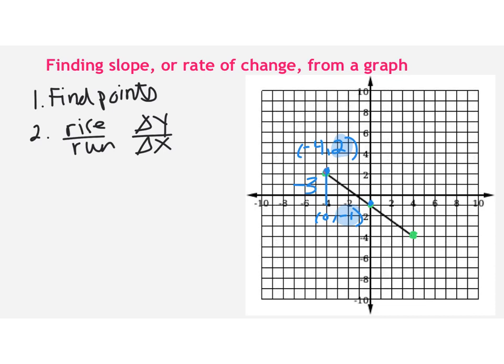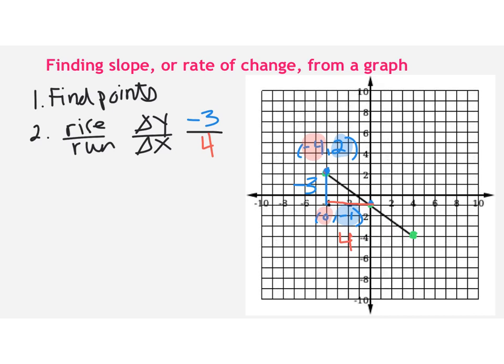My run, so the distance between my x values, is going to be 1, 2, 3, 4. So my run is going to be 4. So my rise over my run, or my slope, is going to be -3 because that's the change in my y values over +4. Okay, and if you can reduce the fraction, you do.